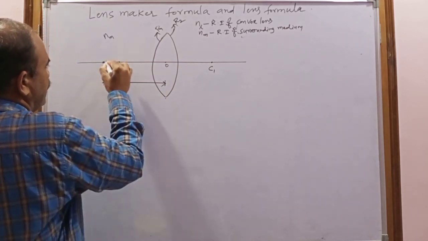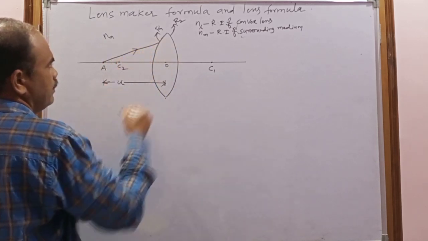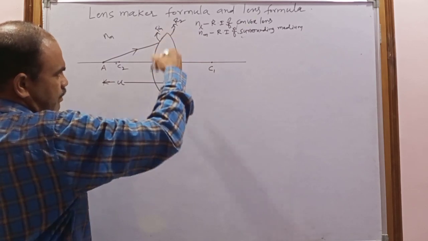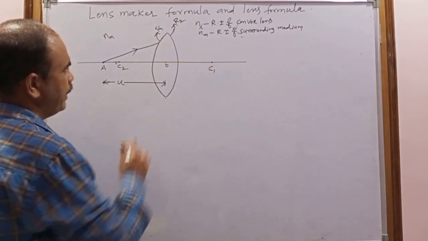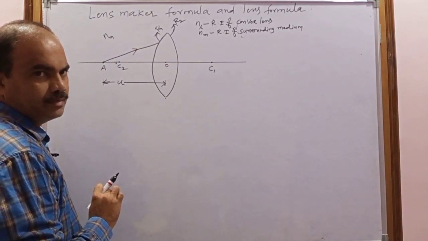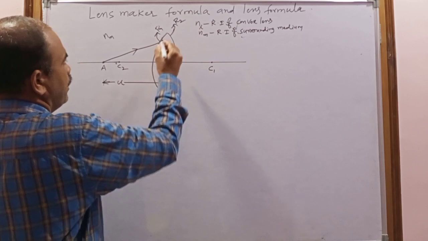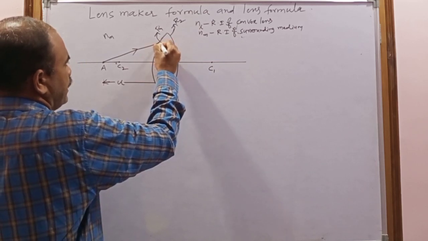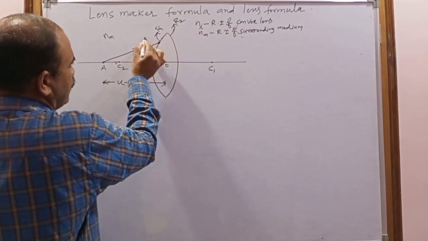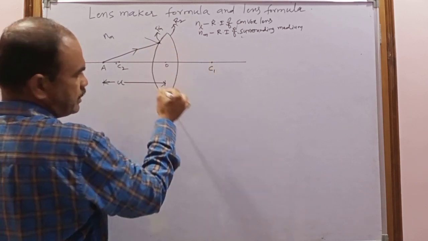Now imagine one incident ray is coming from the object and is incident on the first curved surface. When it is incident on the first curved surface, to know its path, we have to draw the normal. This is the point of incidence and this is the center of curvature for this surface.